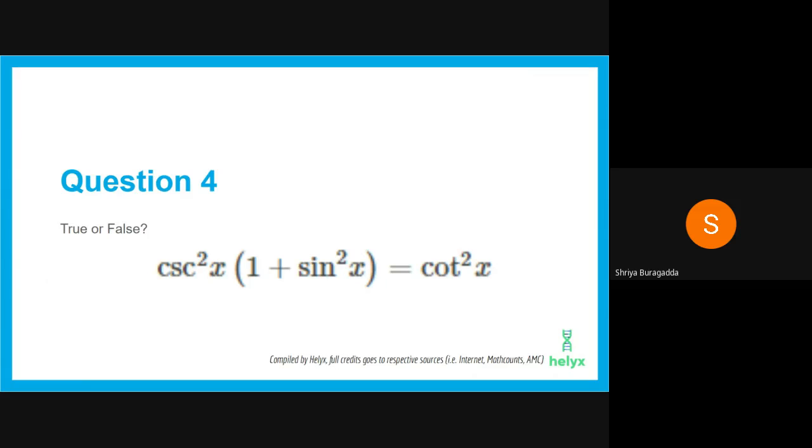Okay, so cosecant is just 1 over sine. So I can change this to 1 over sine squared x times 1 plus sine squared x. I'm just going to work on the left side for now, so I'm not going to write down the right side each time.